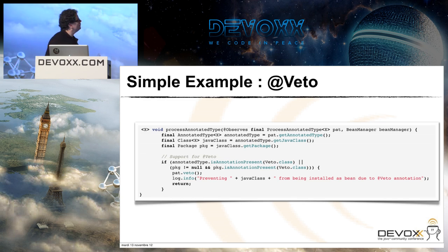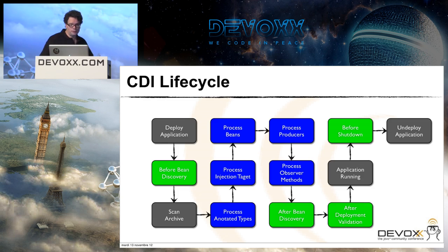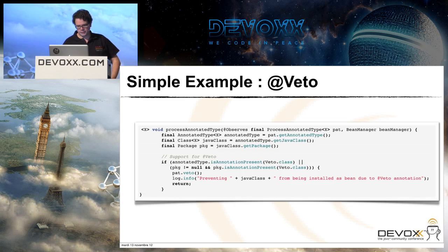Here we have in the extension a method that will observe the ProcessAnnotatedType event. Remember the one that is the first blue one in the lower part on the left.